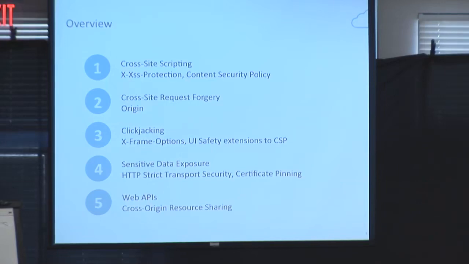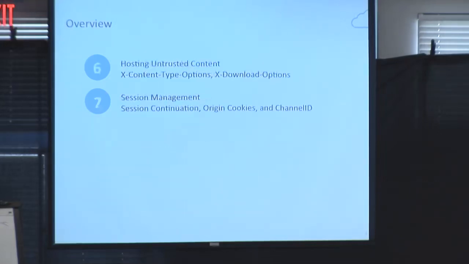Then I'll talk about sensitive data exposure, number 6 on the OWASP top 10. How you can enable web APIs with CORS. A couple more areas are things that are still developing. Hosted untrusted content is fairly straightforward, but there's some tools you can use to make that safer for your site. And then there's some emerging standards that are under discussion and not yet available, but may change the way that we manage sessions in the future.